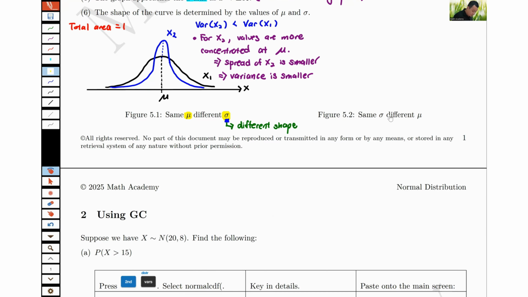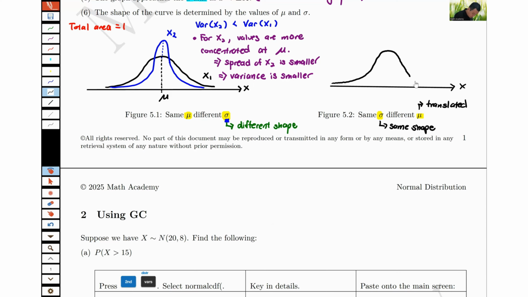The other one on the right, let's draw in. I want the same sigma, but a different mu. Same sigma will mean that the shape is exactly the same. You have the same shape, but a different mu means the graph looks like it is translated, a moving of the graph. Okay, so let's draw in together.